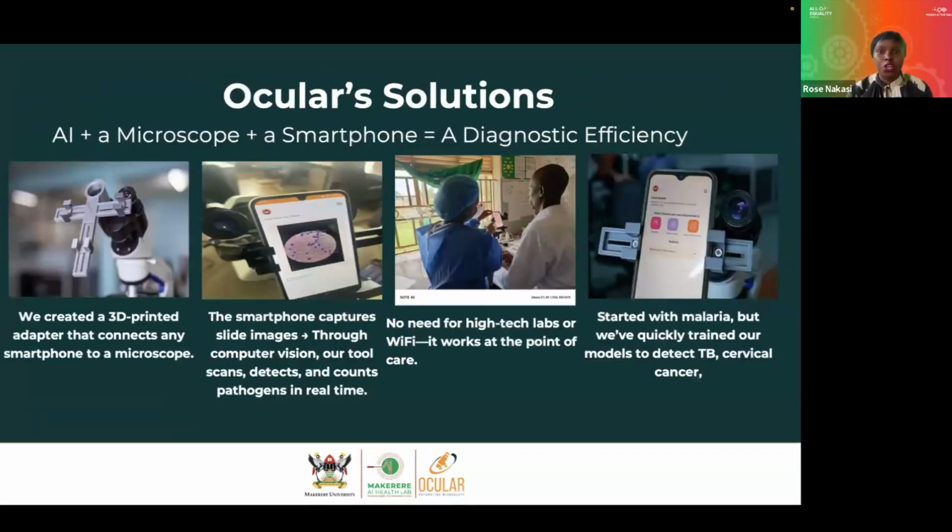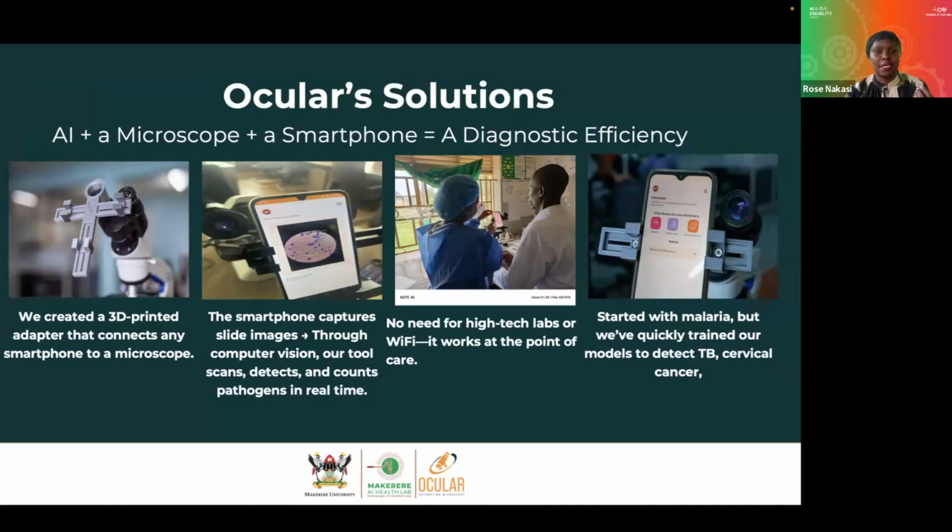What is the Ocular solution here? So we are proposing that if we have microscopes at most of the public health facilities, a study carried out in Ghana actually proved that we have more microscopes, especially in the public health facilities, than there are experts to use them.